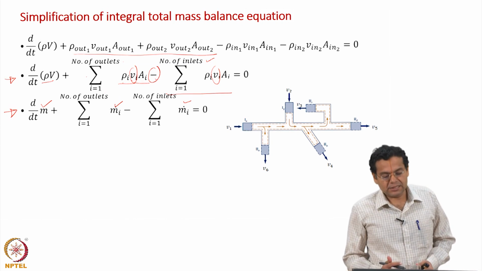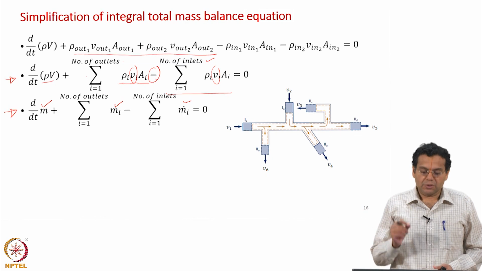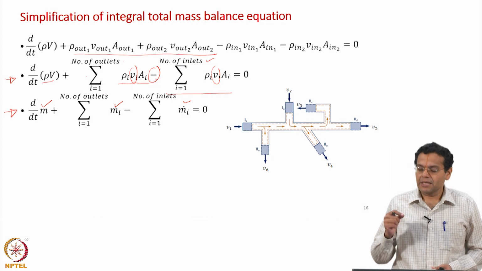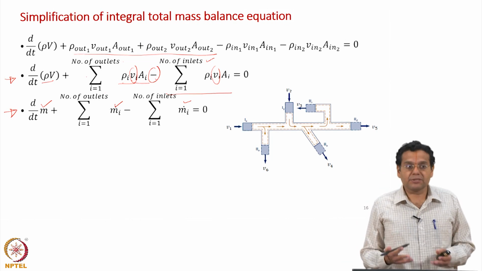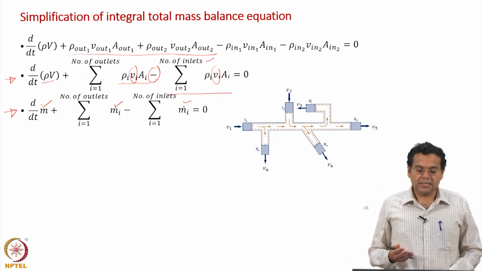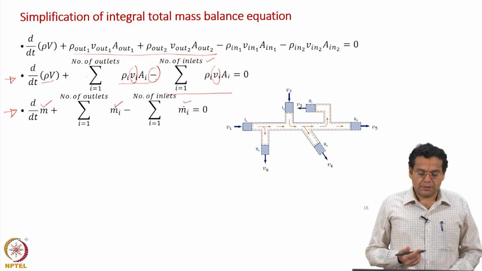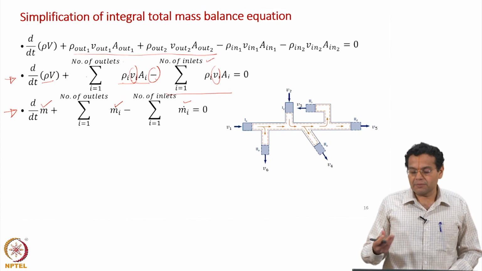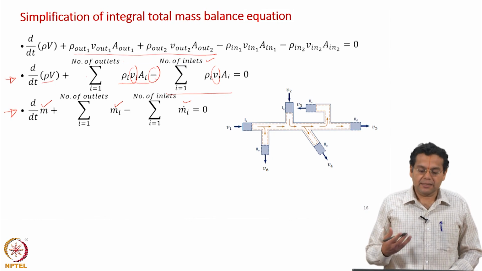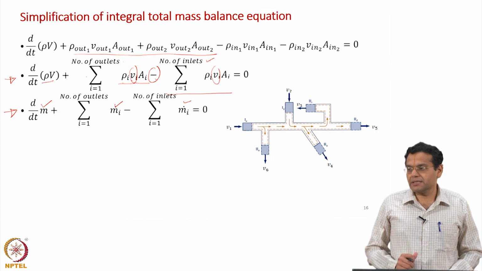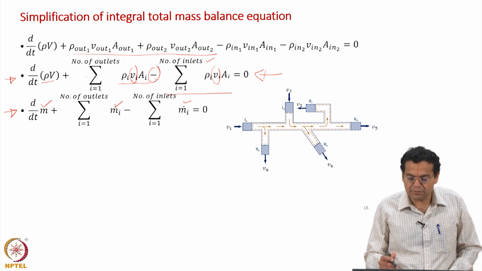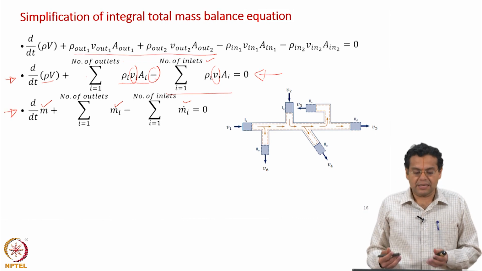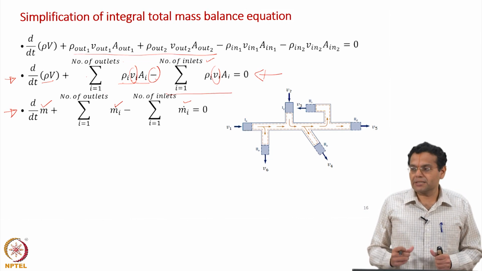What is the distinction between these two? Usually the variables with which we are interested to express the conservation equations are density, velocity, pressure, which we will come across a little later, and then temperature, concentration, etc. So, this equation represents the conservation equation in terms of density, velocity, area, and that is what usually you measure in a plant.